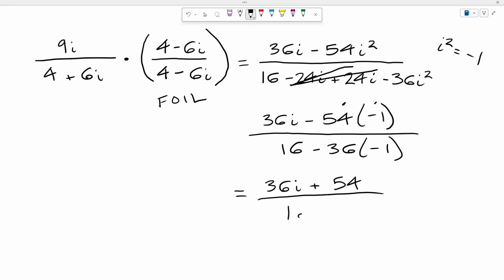On the bottom, we have 16. 36 times negative 1 is negative 36, and minus a negative 36 will become plus 36.